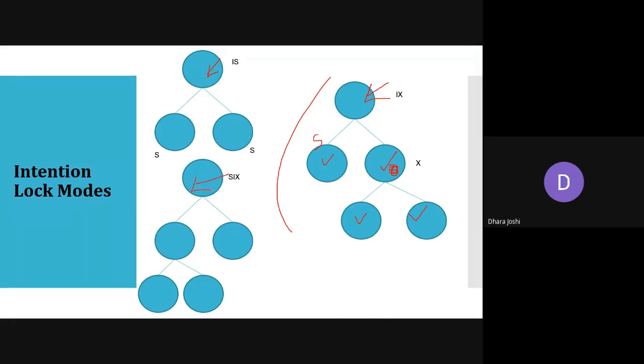If we are talking about this left subtree, the children of this shared and intention exclusive lock will be in the shared lock. This node will be in the shared lock, and the children of this node will be in the exclusive lock. These two are in exclusive, this node is in shared, and this will be shared intention exclusive. Again, we'll revise.